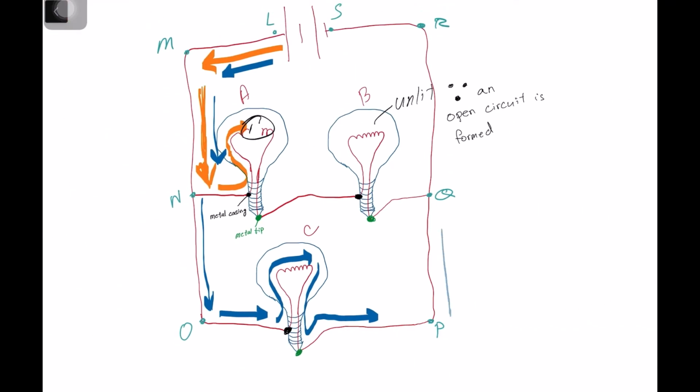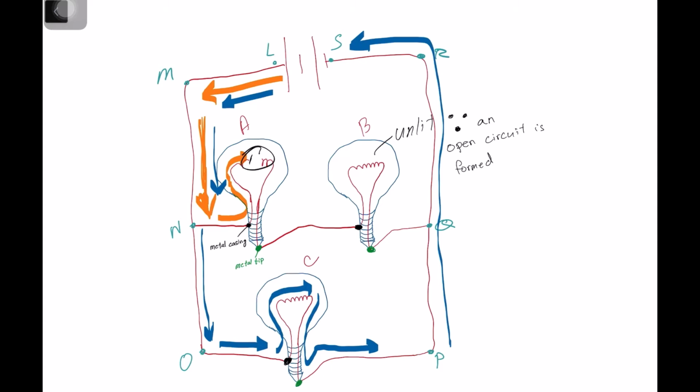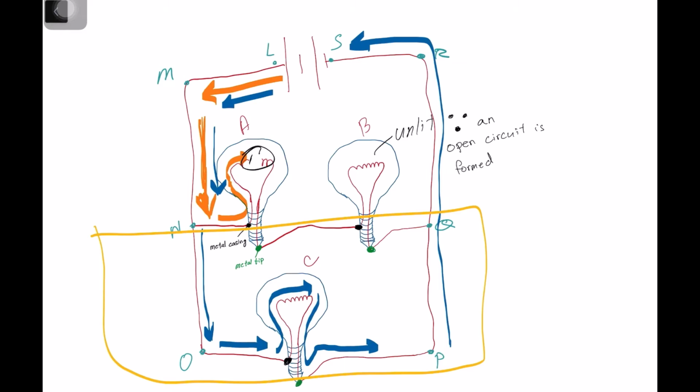And then again it would flow back all the way on top, back into the negative end of the battery at S. So in the second parallel connection, a closed circuit is formed.